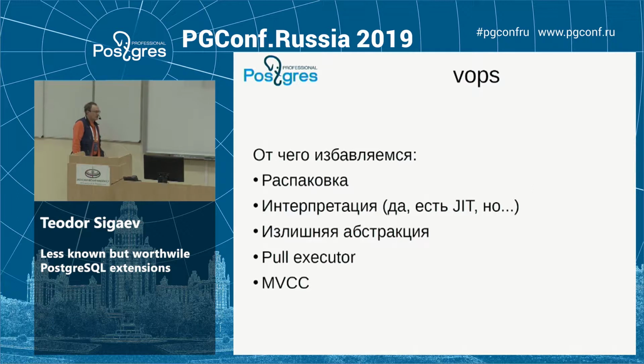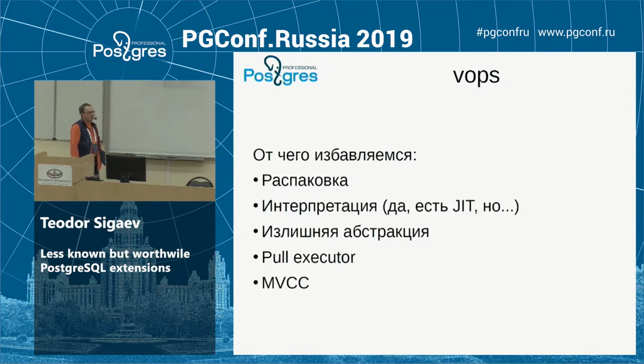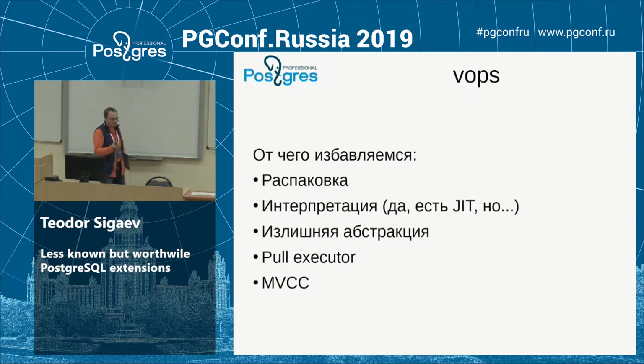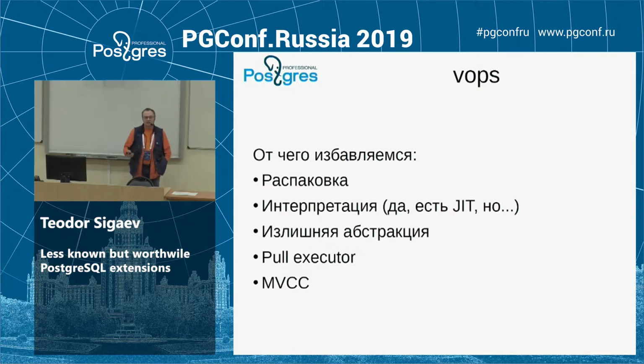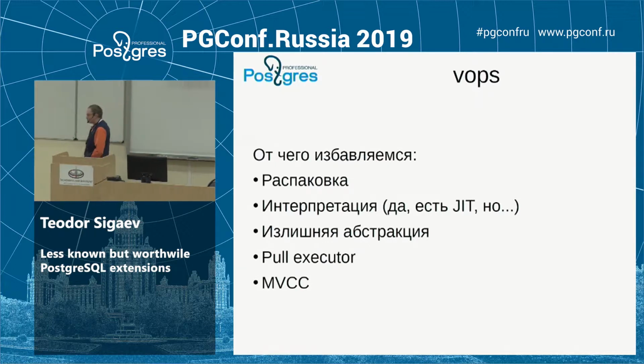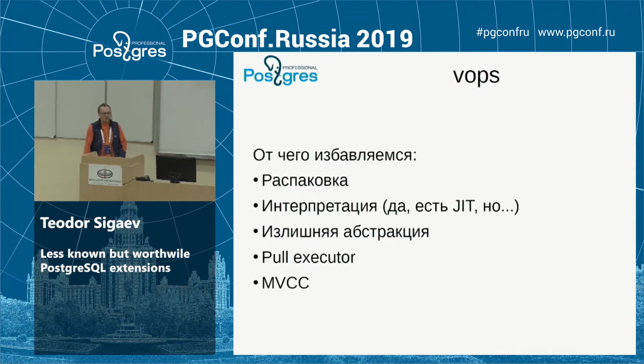VOPS saves time. First of all, when we need to make a calculation, we need to take the info from the disk. We have the tuple, which is quite long, and we need to take the figure from it. If you've never been inside Postgres, you probably have no idea, so I'll try to explain how it looks.